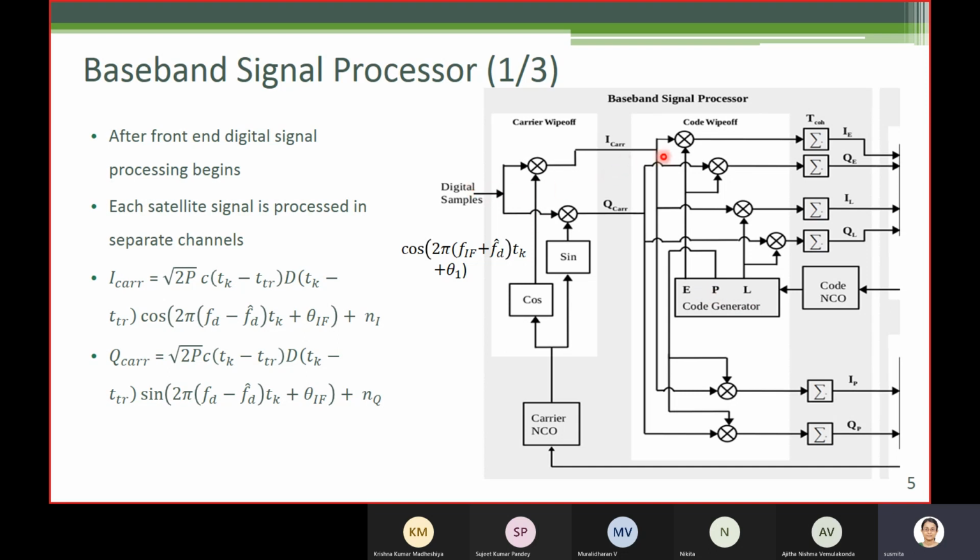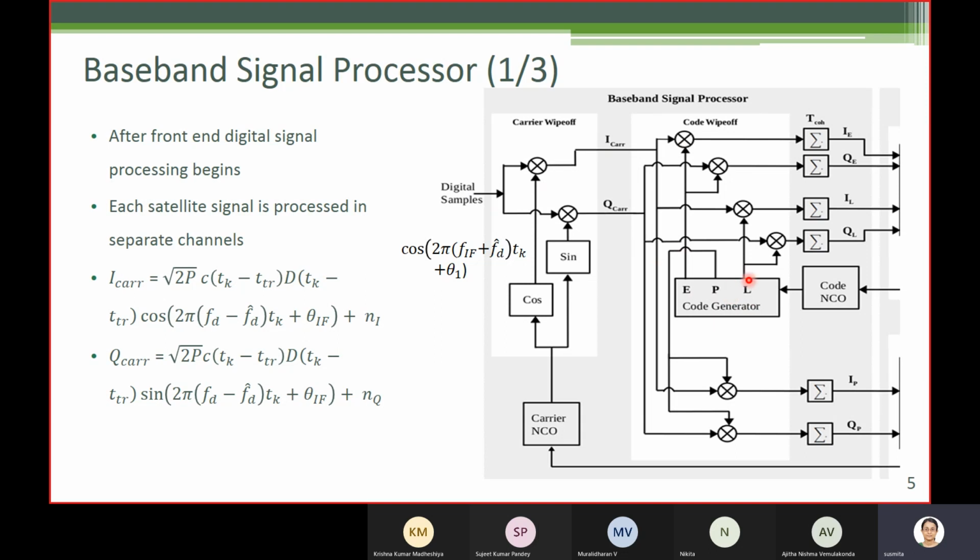Since everything is in the digital domain, we are dealing with samples. Here also samples of the code are generated. And then each of the three codes' samples is multiplied with this I leg and Q leg separately. So you already have one pair at this point. Now each pair is multiplied with three different code samples.